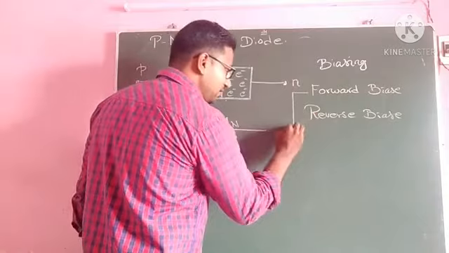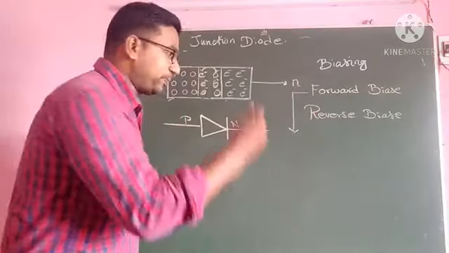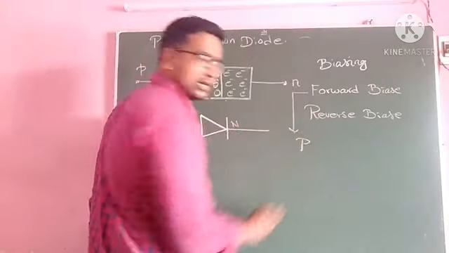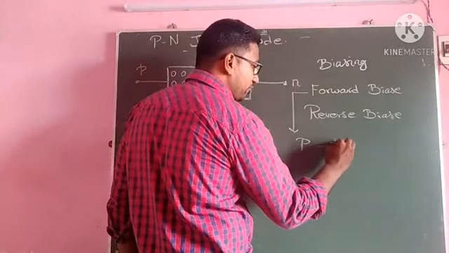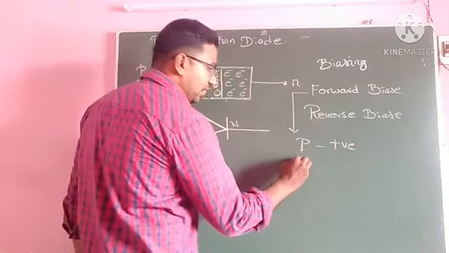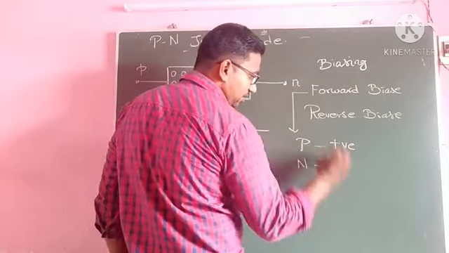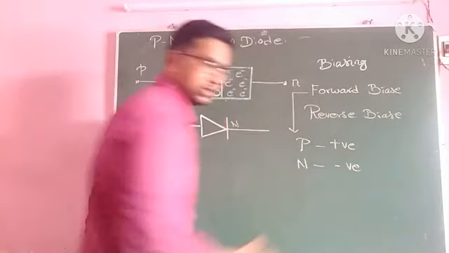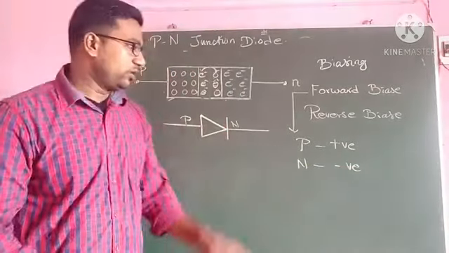Forward bias means I am going to apply a positive potential to the P-type semiconductor and a negative potential to the N-type semiconductor.